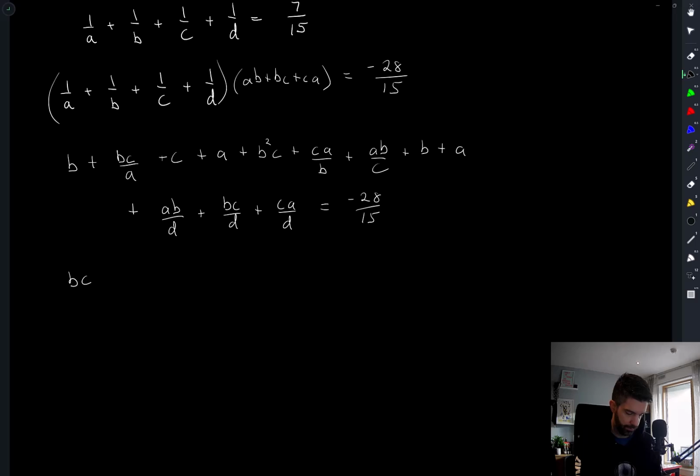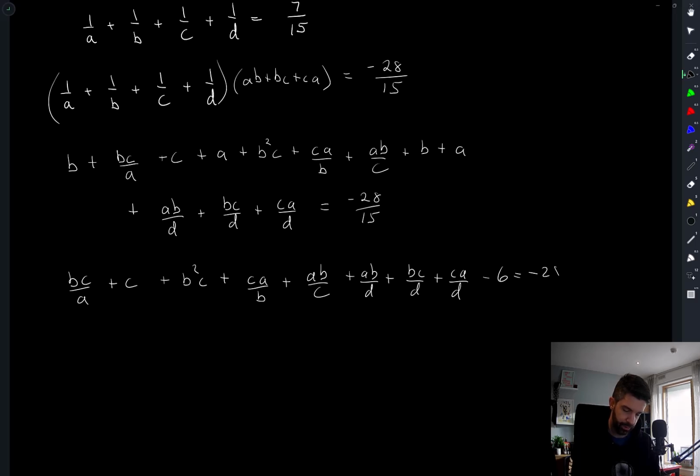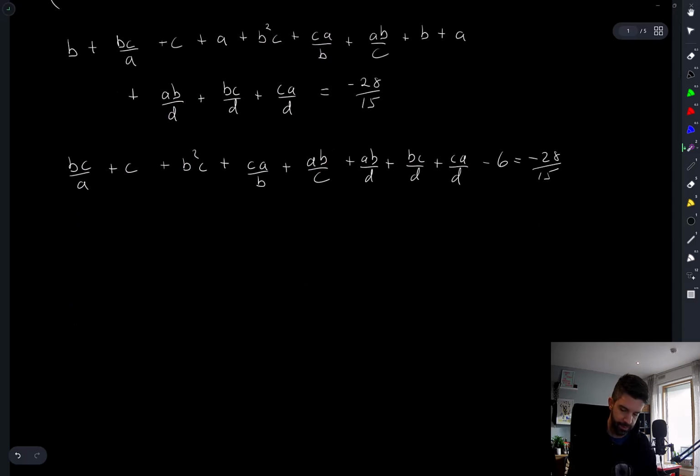So let's write this as BC over A plus B squared C plus CA over B plus AB over C, AB over D, BC over D plus CA over D minus 6 is equal to negative 28 over 15. So I've replaced two of those with a negative 3. So I should have 1, 2, 3, 4, 5, 6, 7, 8 terms here. Okay.